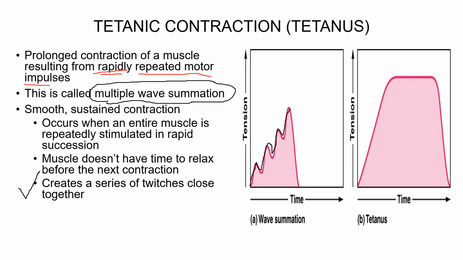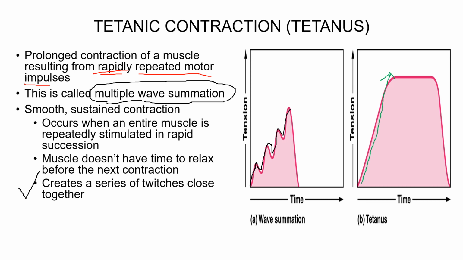And this can be so extreme. If you look at the picture on the far right, this is called fused tetanus or just full tetany. And where there is no building, it's just straight max effort. So the muscle has zero time to rest. And this is like, for example, if we're moving a couch and you're holding the couch up and we're going down the stairs, you don't have a choice. You have to hold on to that couch.